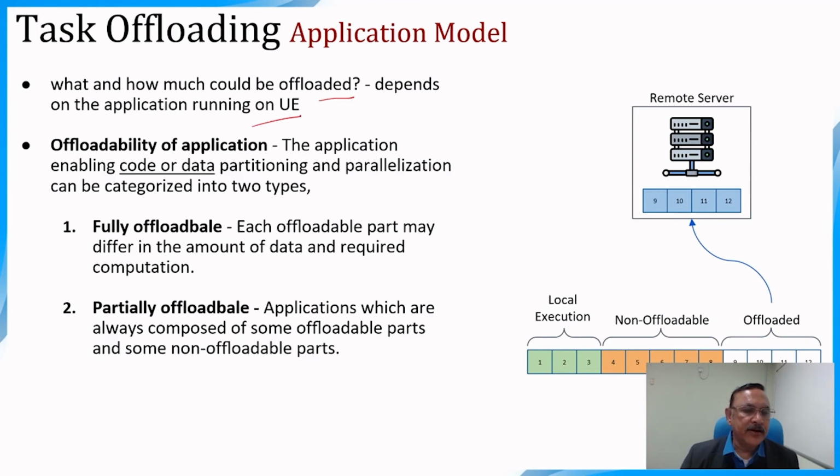Offloadability of an application enables code or data partitioning and parallelization in two types: fully offloadable and partially offloadable. Here you can see the user application is local and local execution is possible, non-offloadable and offloadable. Offloaded applications are executed at the remote servers.